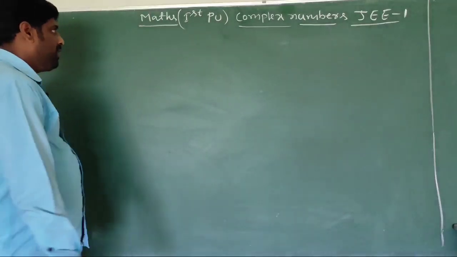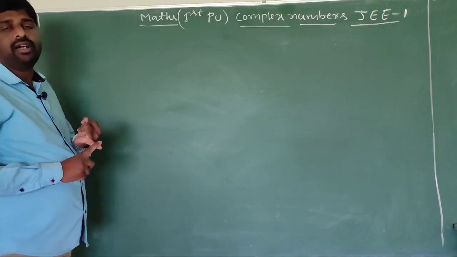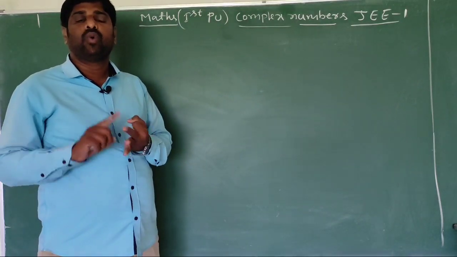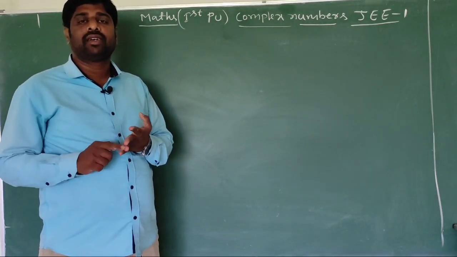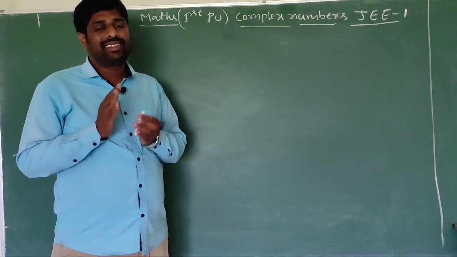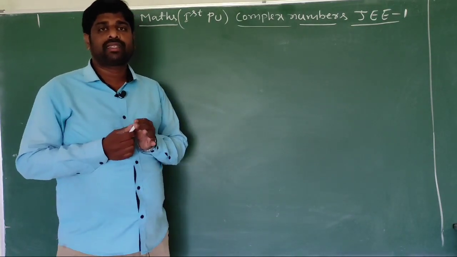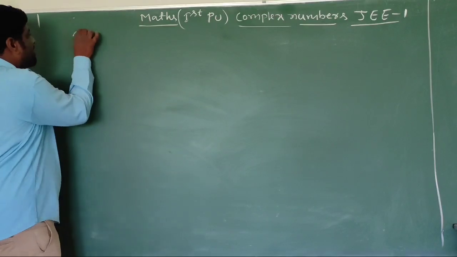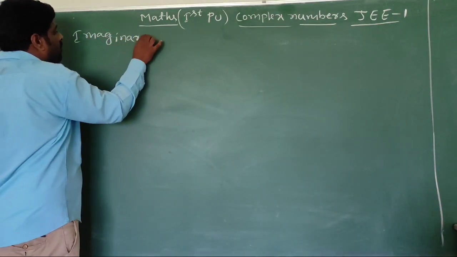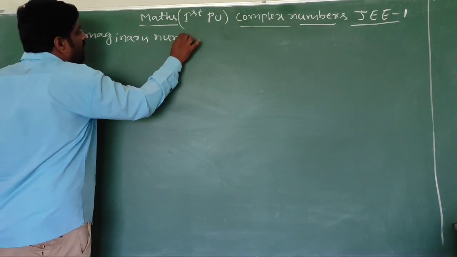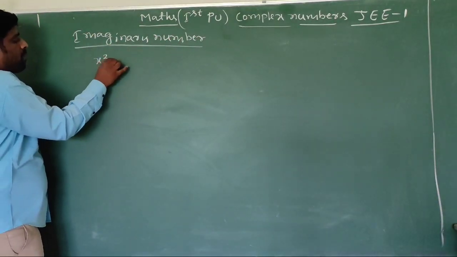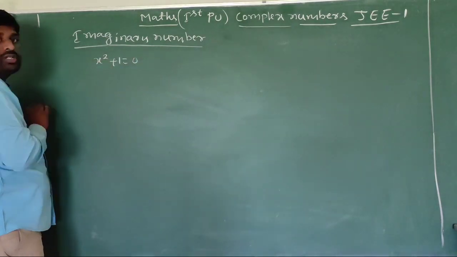Dear children, you have already learnt real numbers, natural numbers, whole numbers, integers, rational numbers, irrational numbers, etc. Similarly, we have one more number, called the imaginary number. Suppose x square plus 1 is equal to 0.